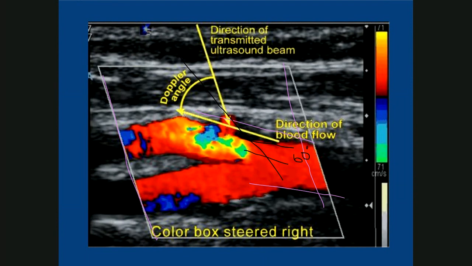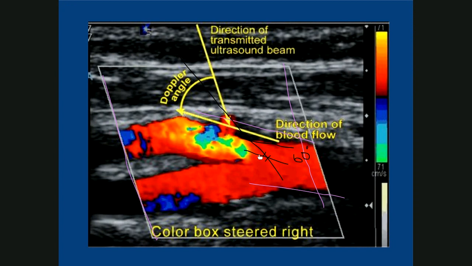Now, don't confuse that with this little thing that we refer to as the gate. That's just the area that the spectral analysis is being derived from. That's like the little microphone. So when you look at your spectral waveform, the only information being plotted on that waveform is coming from within this little gate right here, from within the gate.